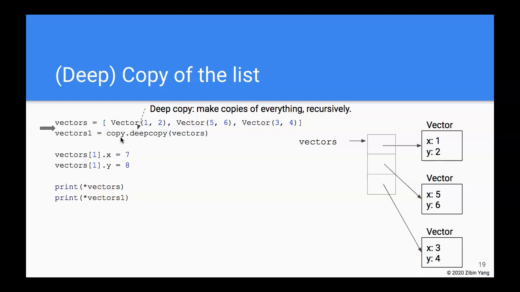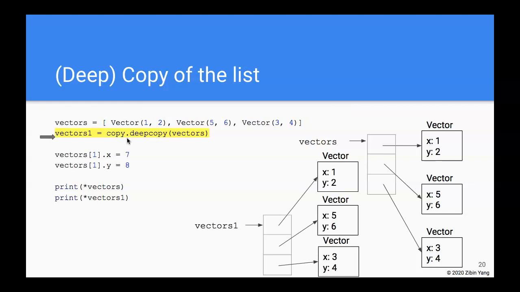So what happens when we call copy.deepcopy is, because it was copying the list of vectors, it will first make a copy of the list, and then it will copy element by element.